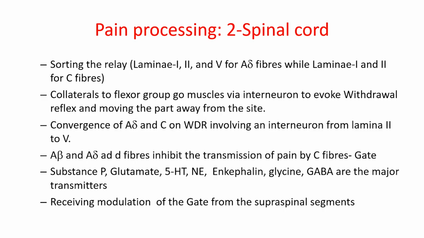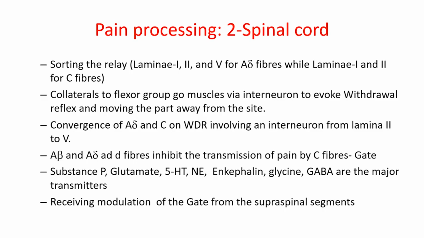Substance P is released from C fibers, glutamate from A delta fibers, serotonin, norepinephrine from the descending path, enkephalin from the substantia gelatinosa cell to the WDR, that is the wide dynamic range neuron which is projecting to the thalamus. Glycine and GABA are inhibitory interneurons.